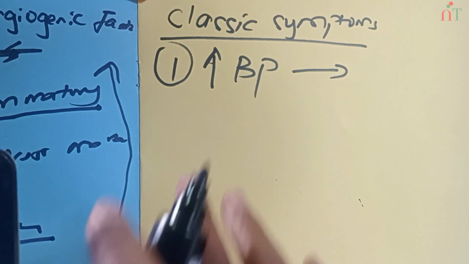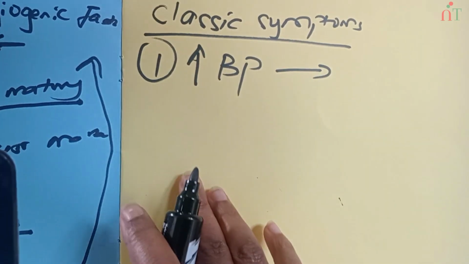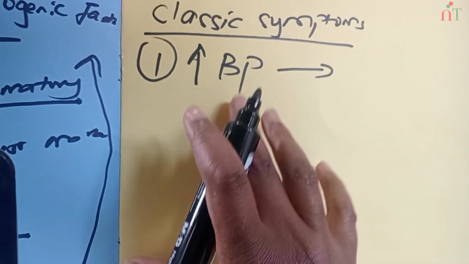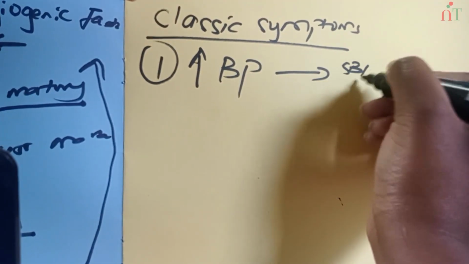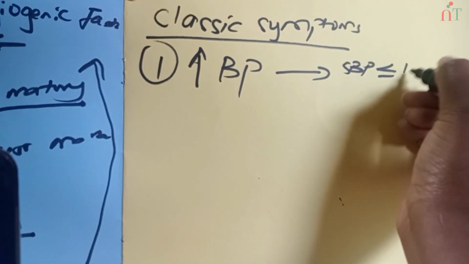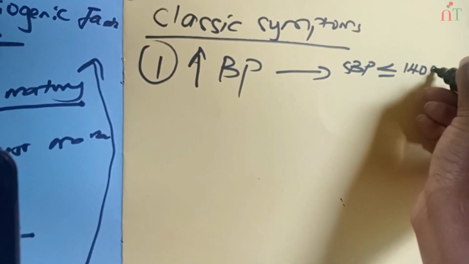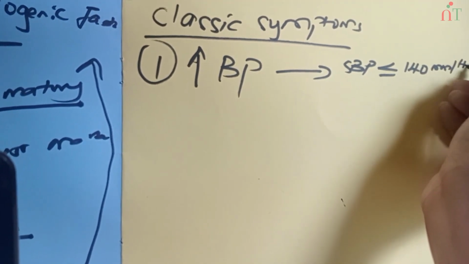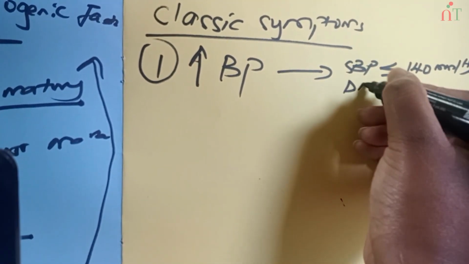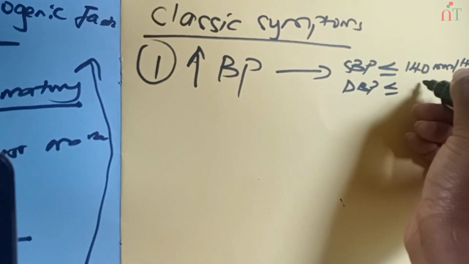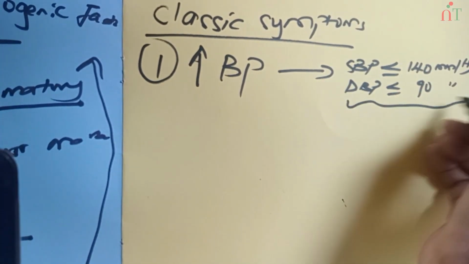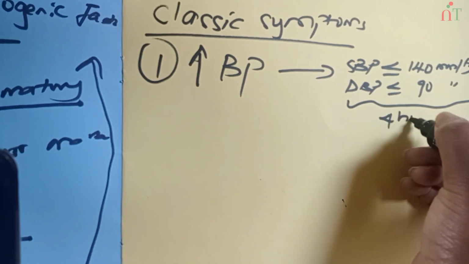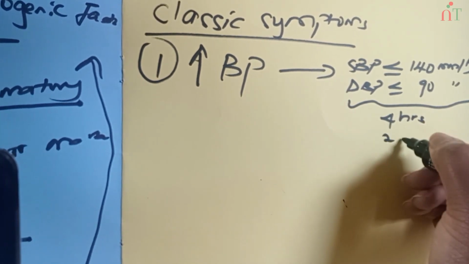But for the sake of people who maybe didn't watch part 1, the systolic blood pressure is greater than or equal to 140 millimeters of mercury, and the diastolic blood pressure is greater than or equal to 90 millimeters of mercury, and you've taken this reading at least 4 hours apart and at least 2 times.